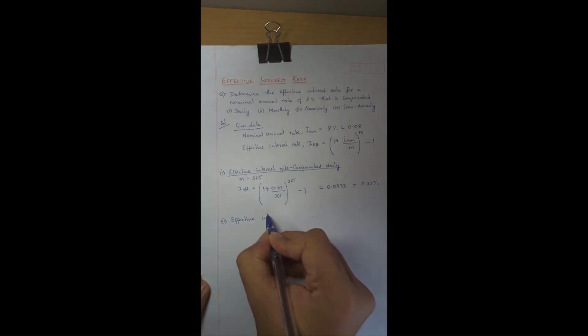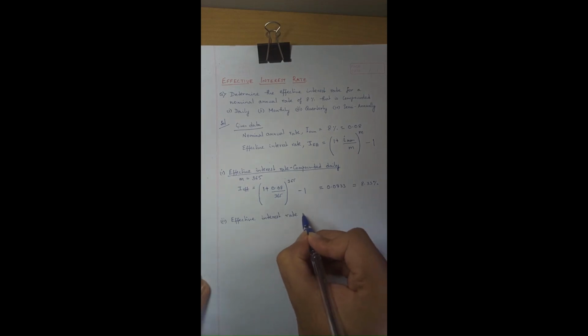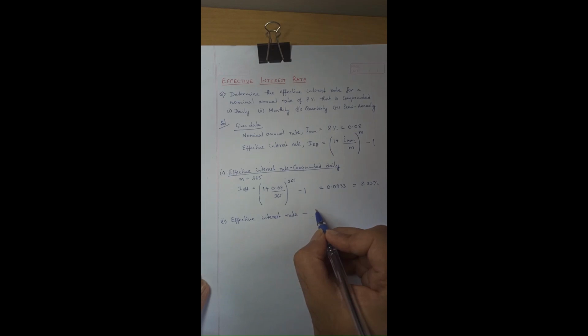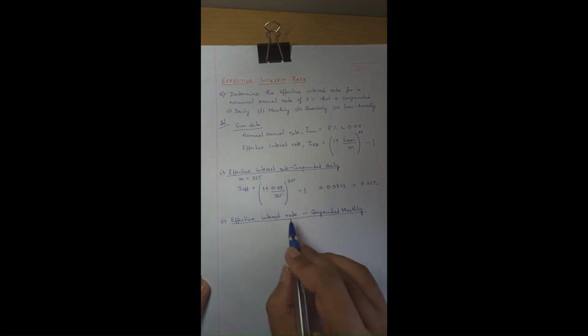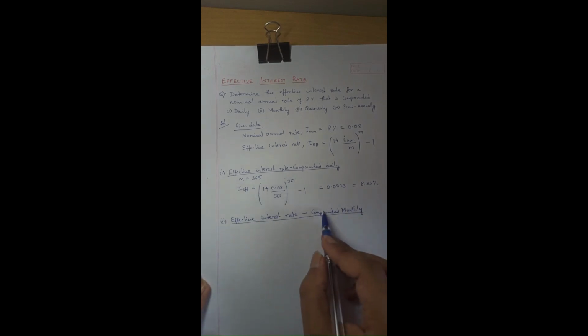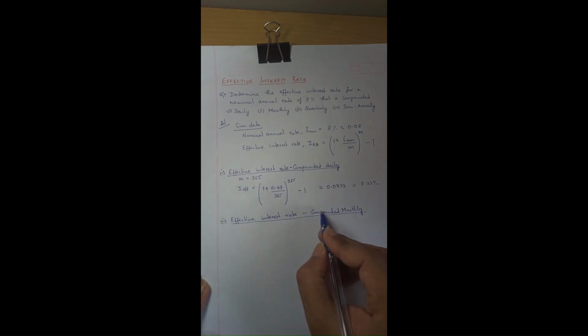Now, second part of the question, we are supposed to determine the effective interest rate if the nominal interest rate is compounded monthly. So this is not the effective interest rate which is compounding monthly. It is the effective interest rate if the nominal interest rate is compounded monthly.